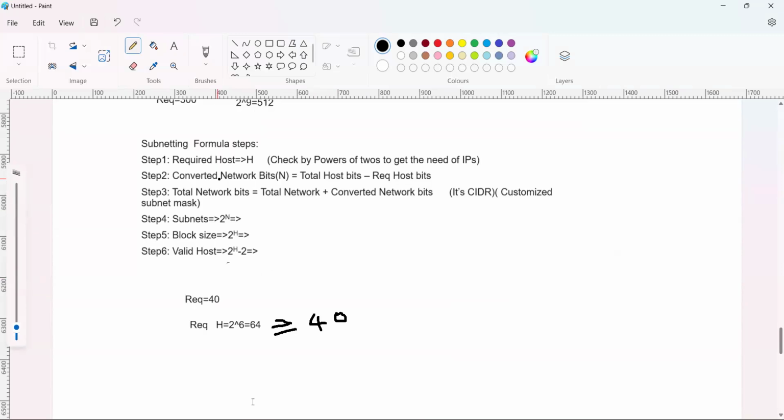Step 2 is converted network bits. In the converted network bits, it is total host bits minus required host bits. Total host bits n is equal to 8 minus required host bits, which are 6.